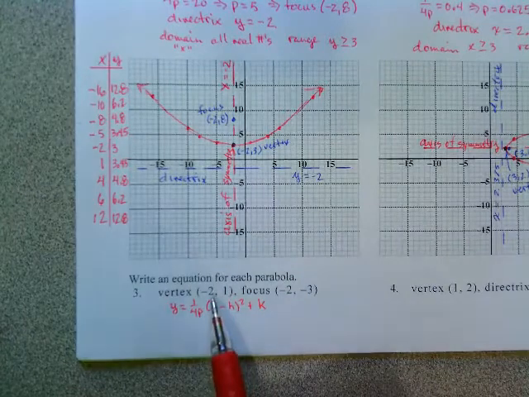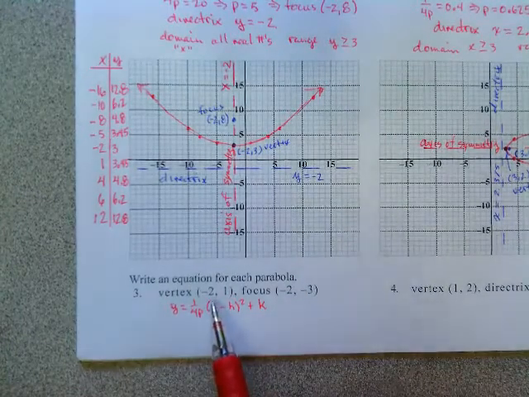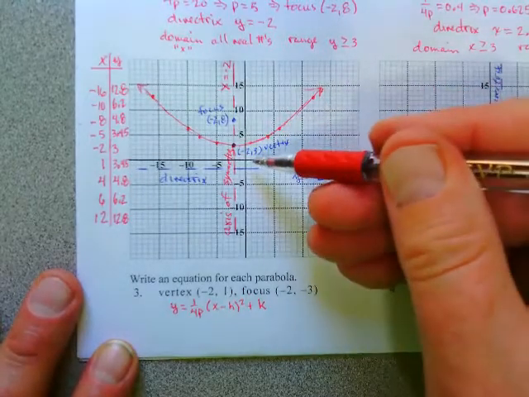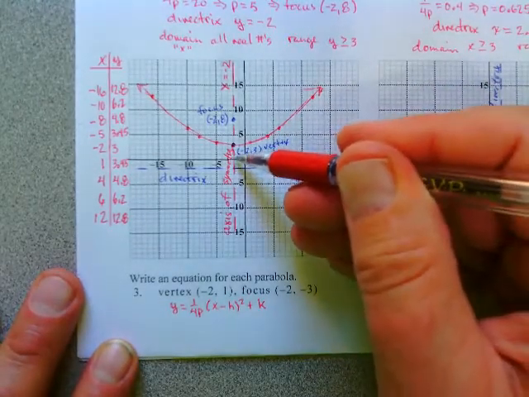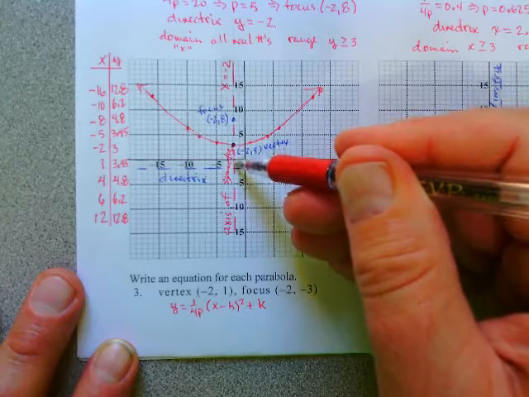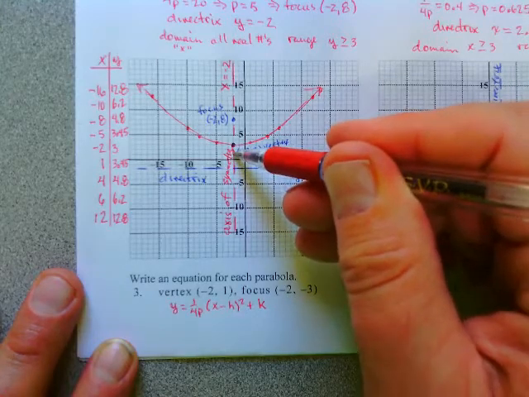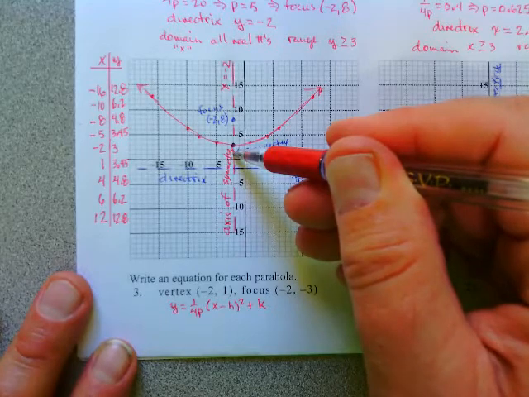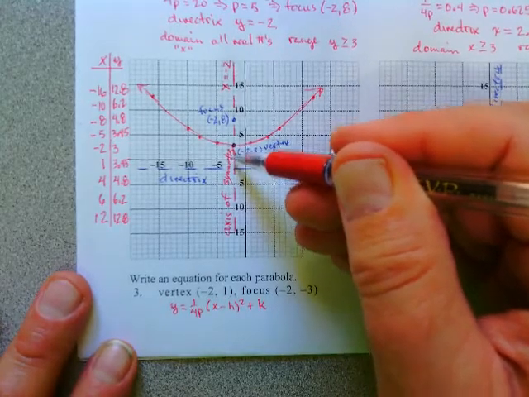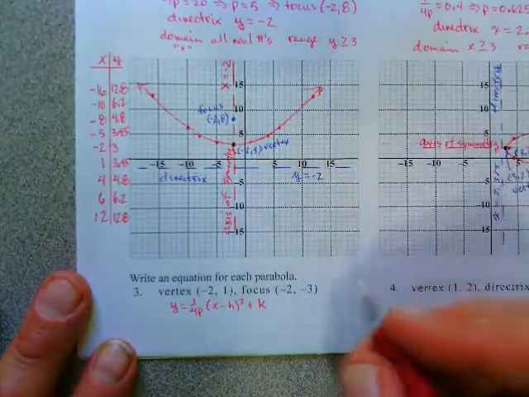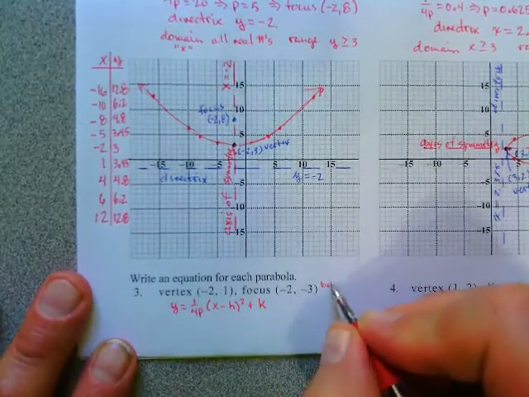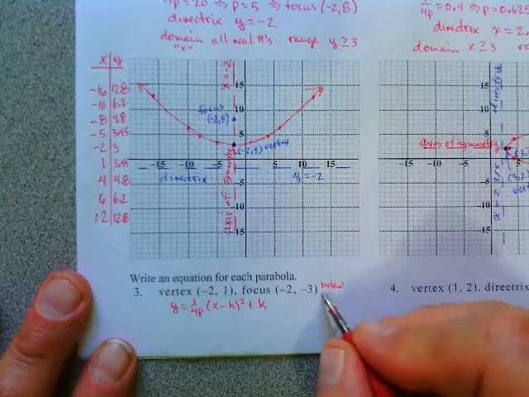Now you might say, well, how do you know that this is y equals instead of x equals? Well, here's our vertex. Our vertex is at negative 2, 1. So if I were to graph that right above here, that would be about right there. The focus is at negative 2, negative 3. So the focus is actually down below, so the focus is below the vertex.